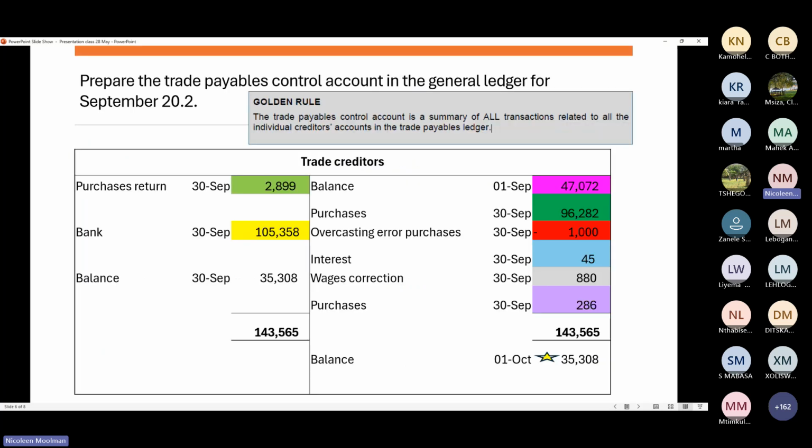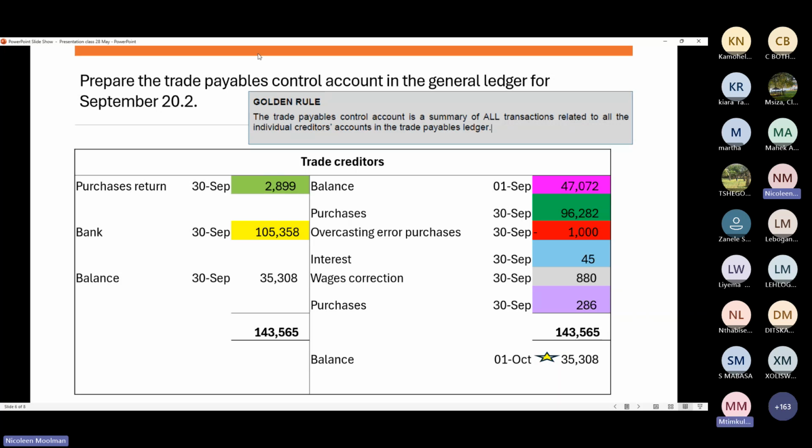So when looking at required A, prepare the trade payables control account in the general ledger for September 22, I've color coded where I got the balances so you can see where it's coming from in the information provided. This is a typical T account for trade creditors.